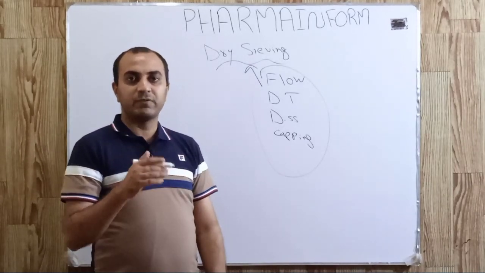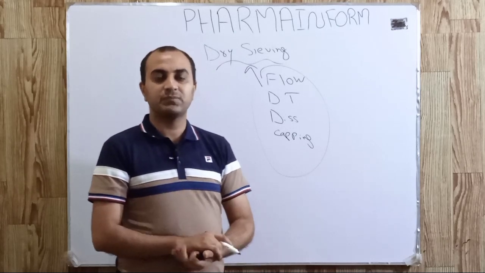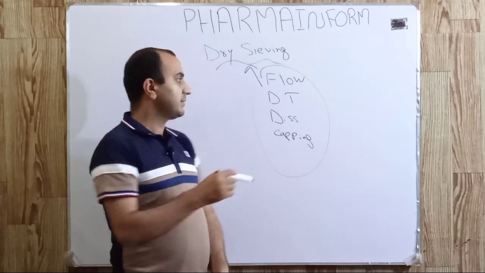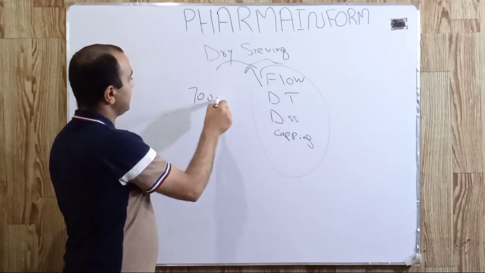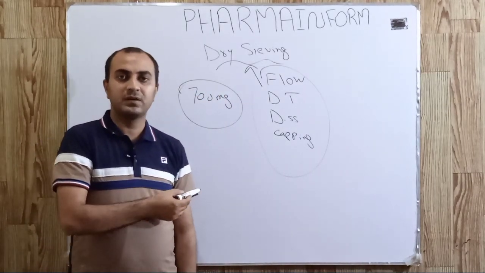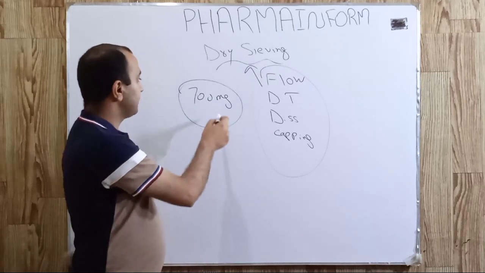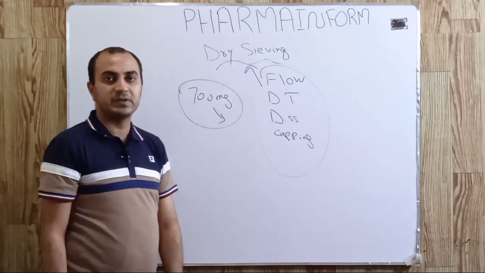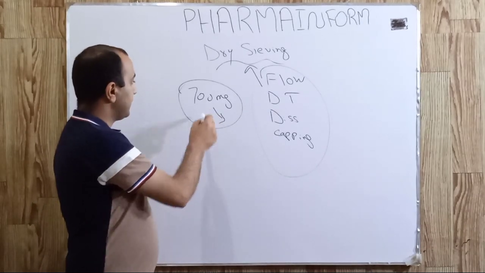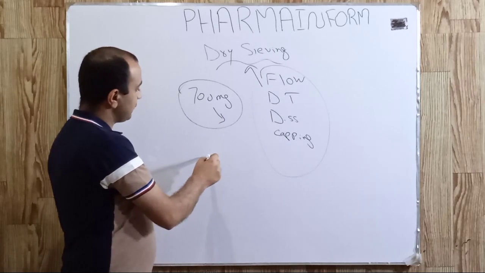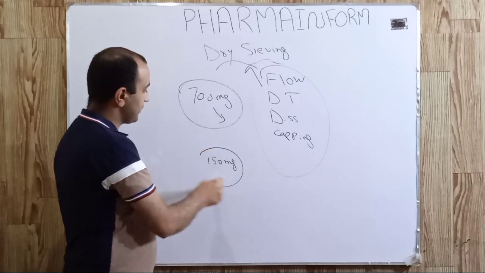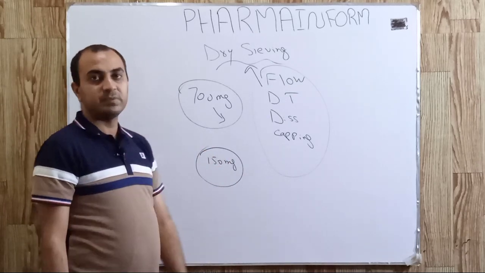For a basic rule, if our tablet size is large, say 700 milligram, meaning our die filling will be with 700 milligrams of granulated product, and for comparison we have a tablet whose compression weight is 150 milligram.